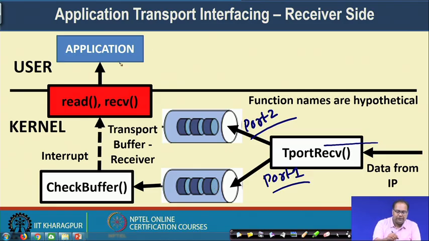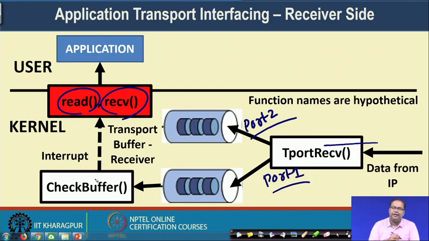Now, from the application side you make a read call or a receive call through which you read the data from this buffer, and the method is something like this. Whenever you make a receive call, it waits on this check buffer function. It may happen that when the application makes a receive call, the receive buffer is empty and it has not received any data.